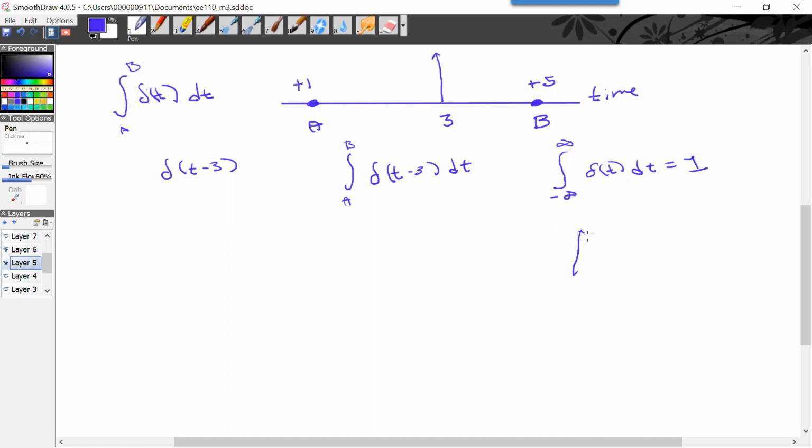And again, what that allows us to do is I can have this as a delta function.